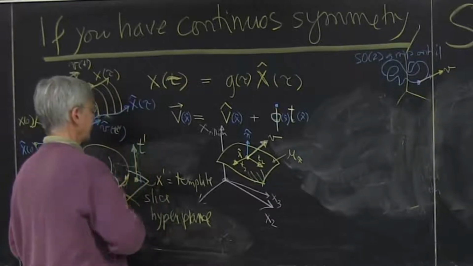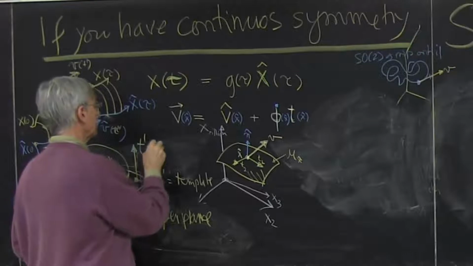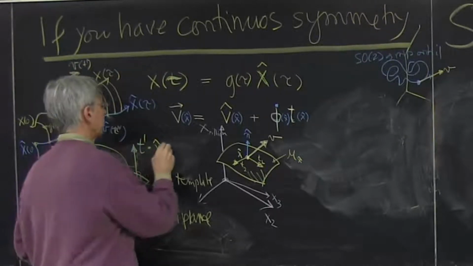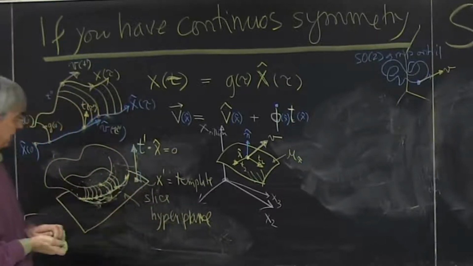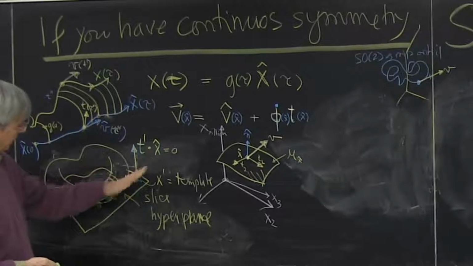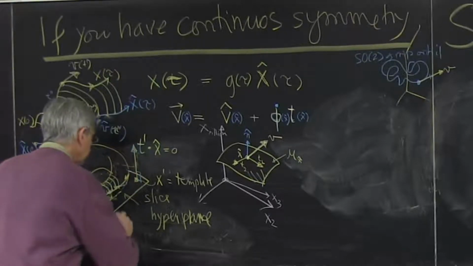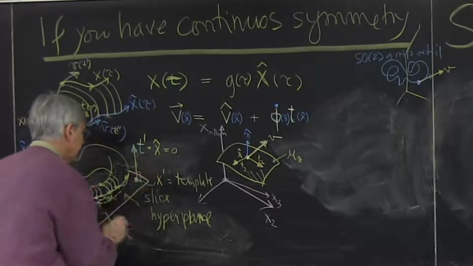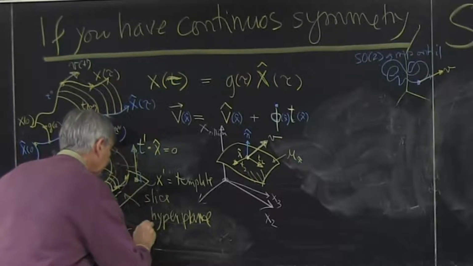And I'll call this Tx. And now what I want is to look at all the points which are in the orthogonal subspace. So if I have one tangent, the hyperplane is defined as the set of all points which are in this slice hyperplane.